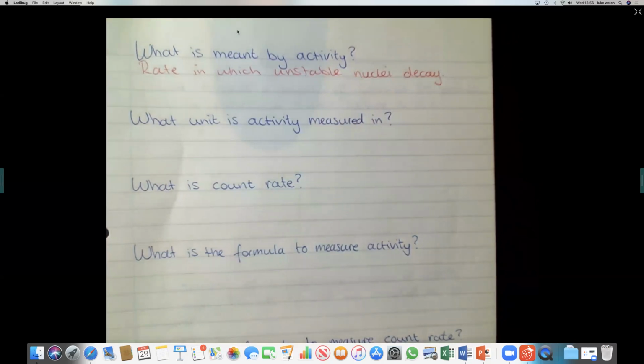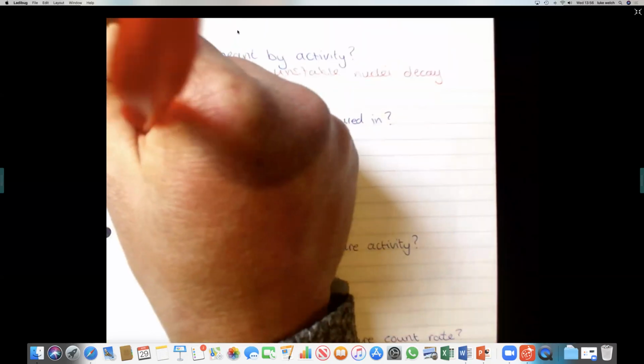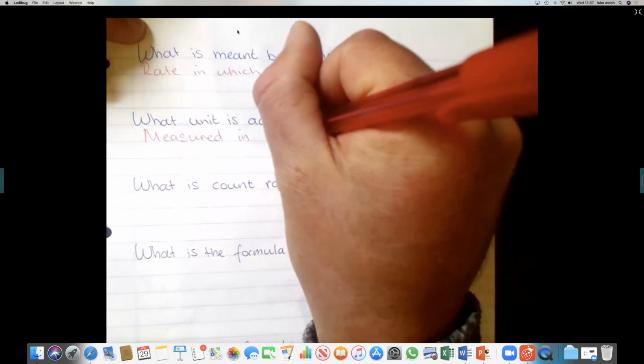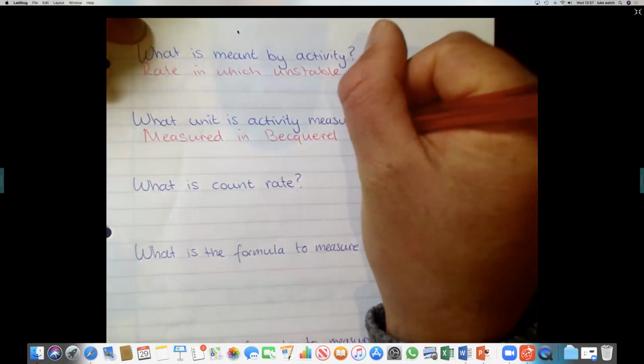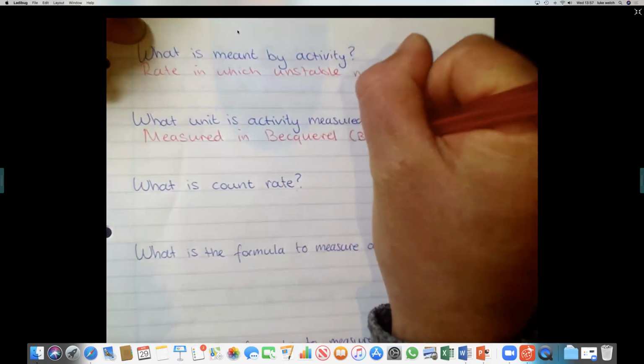What unit is activity measured in? So you may not have heard of this before. It's measured in the unit known as becquerel. And the symbol we use is Bq.